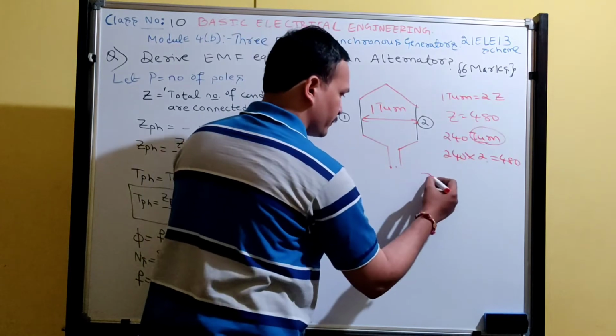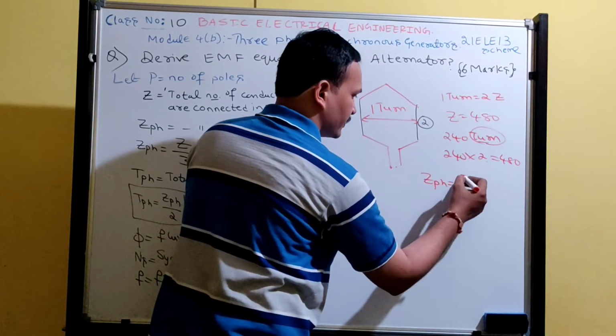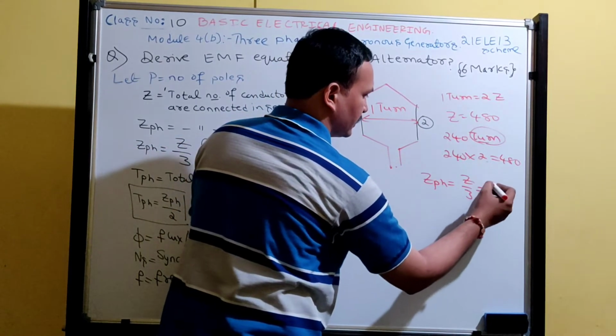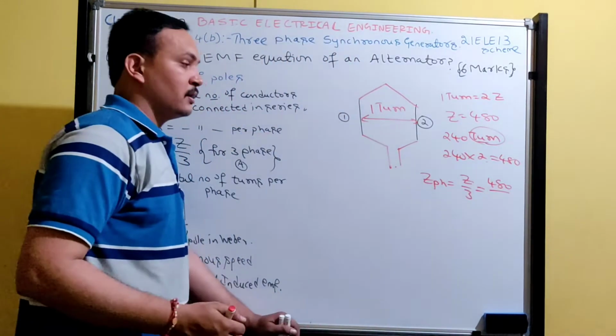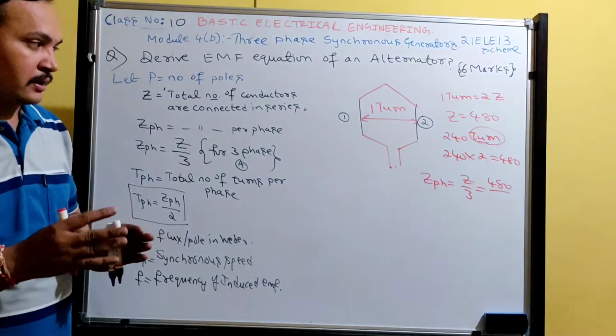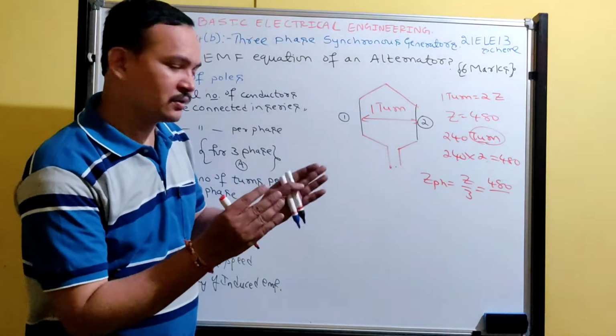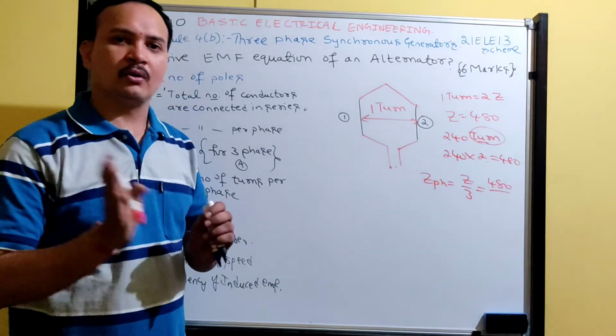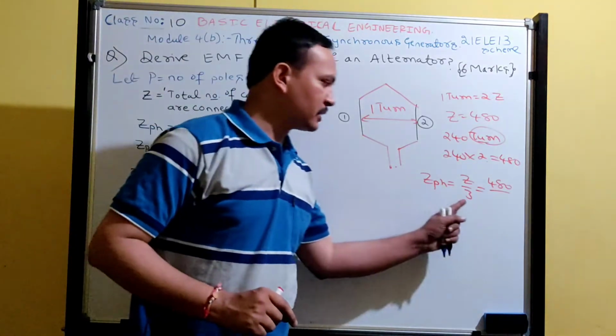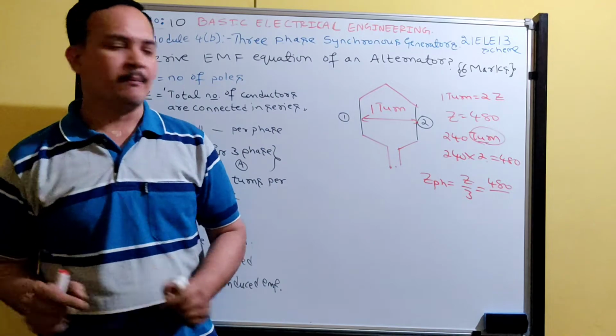Similarly, what are the conductors per phase? Z by 3. There are 480 conductors. Of these 480 conductors, how many go to the R phase, how many to the Y phase, and how many to the B phase? Because there are 3 phases: R phase, Y phase, B phase.